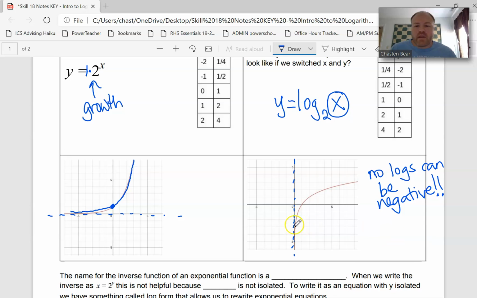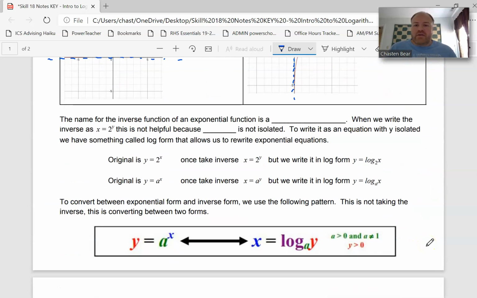All right, so as I've alluded to, the name for this inverse function is called a logarithm. Whoops, I'm misspelling it. There we go. It's a logarithm. When we write the inverse as x equals 2 to the y, that is not helpful because the y is not isolated.